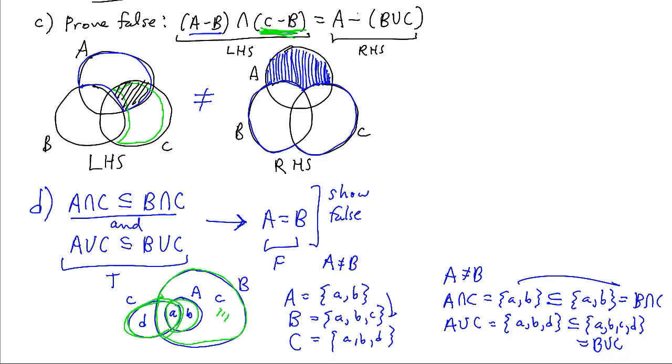And it worked. {a, b, d} is a subset of {a, b, c, d}. Every set is a subset of itself. And A and B are clearly not equal because B has the element c in it and A doesn't. So I've shown that this statement is false. Okay? And I'll stop here on this video and continue with the third video on this set of problems.